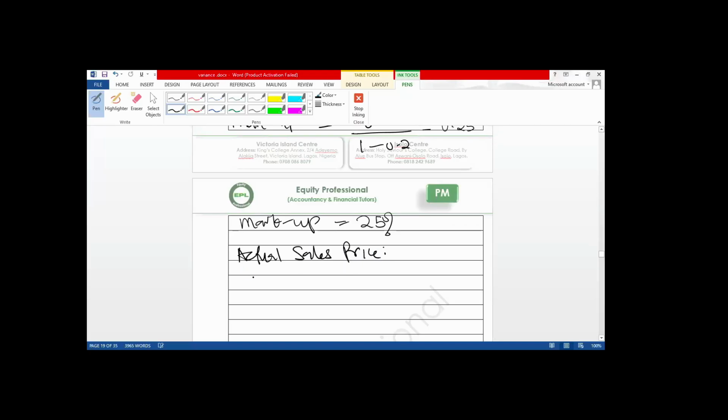You pick the budgeted first, budgeted sales price, 200 naira. Now, plus 15%. 15% of 200, please compute. That should be 30. Your actual sales price is 230.